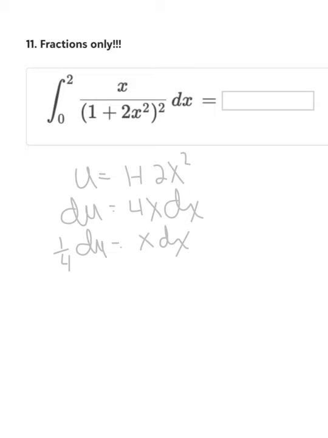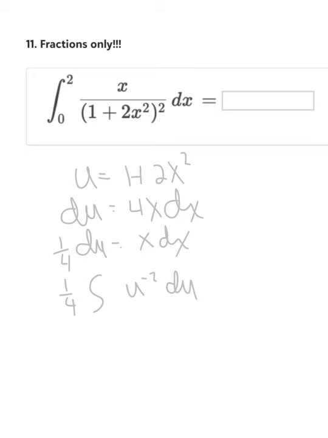So 11 has another u sub, but it has a couple extra layers. One, in that you have a constant, and two, it's a definite integral. So basically doing the u sub, we get x dx equal to 1/4 du, so I got a 1/4 out in front. And then it's u to the -2 du.